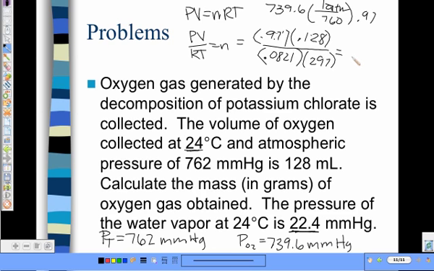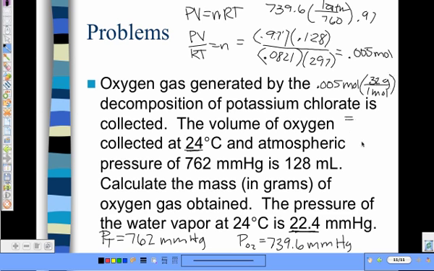What did you get for n? 0.005? You guys agree? Okay. Then we just have to change that into grams. So we would multiply by 0.005 moles. And we're in oxygen, so 1 mole is 32 grams, right?